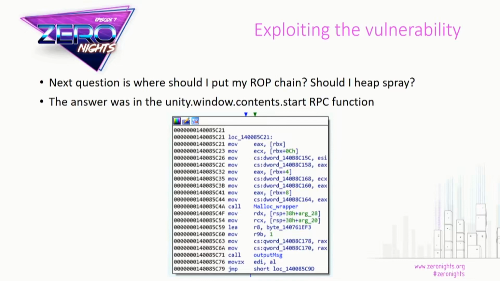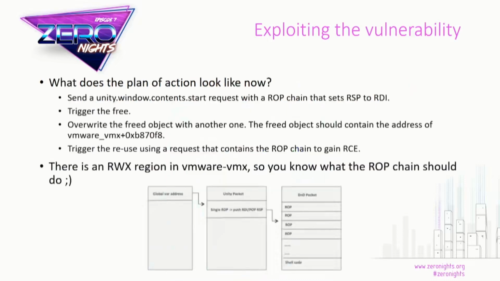Basically, if we have the base of VMware VMX, then we know exactly where our payload is, since it's being set in a global variable in VMware VMX. So that problem is solved, right? We know exactly where to put our ROP chain, and we know the offset where that ROP chain is set, as a global variable in VMware VMX.